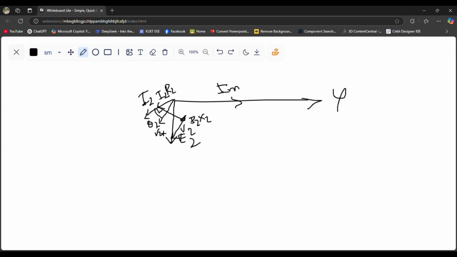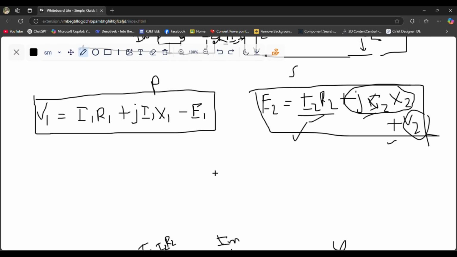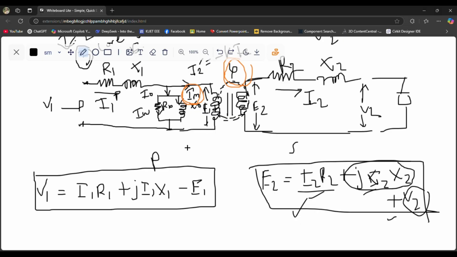This theta 2 is actually the power factor angle at the secondary side of the circuit. So the real power at the secondary side will be P2 is equal to V2 I2 cos theta 2. So we have done with the secondary side of the circuit, and let's go to the primary side.